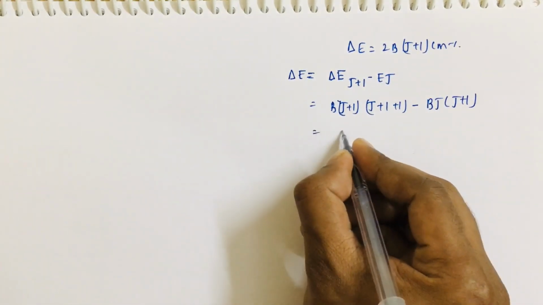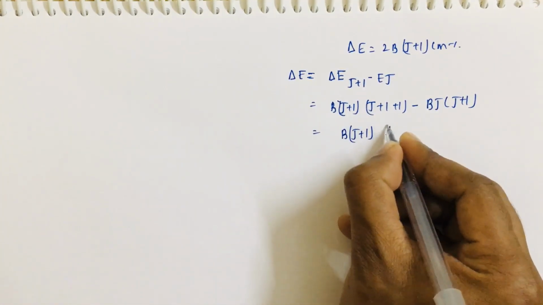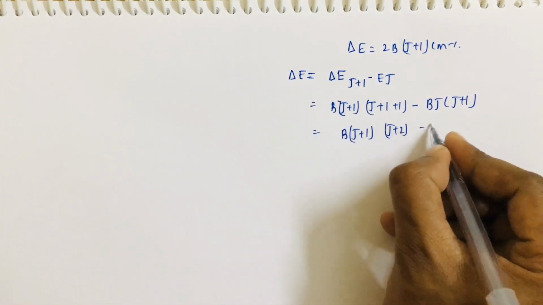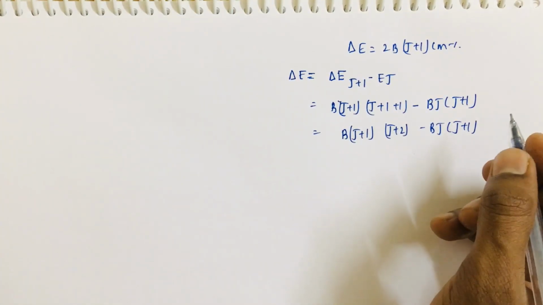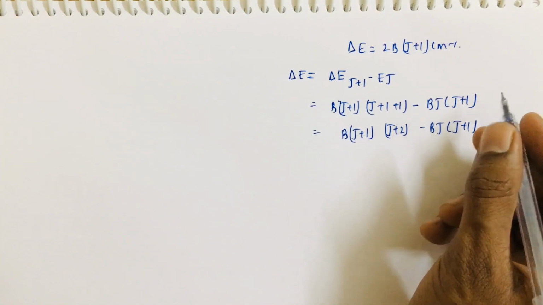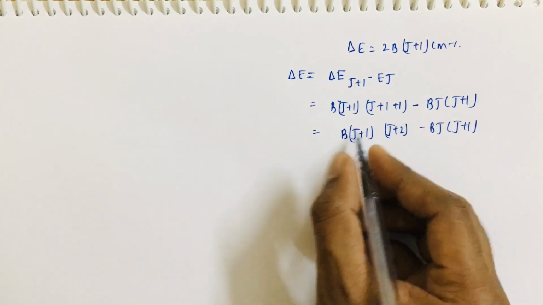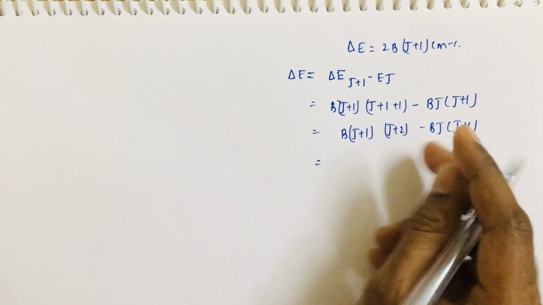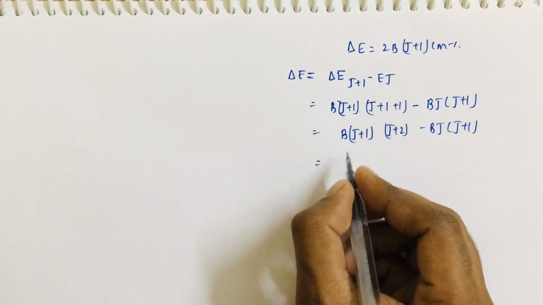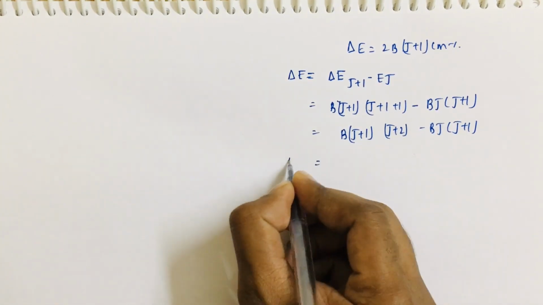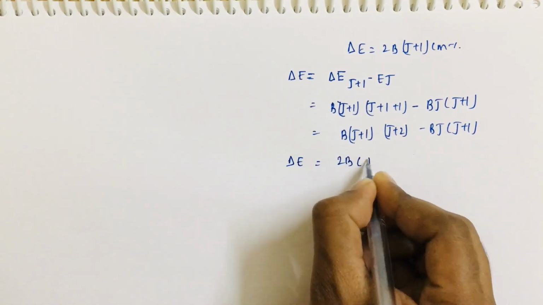So now it will be B(J plus 1), and this will be (J plus 2), minus BJ(J plus 1). Upon simplifying this, we can write it like this. Upon simplifying, this will be ΔE equals 2B(J plus 1).